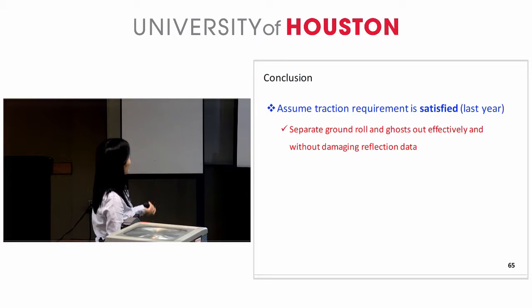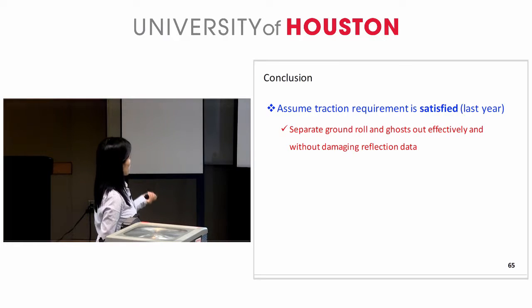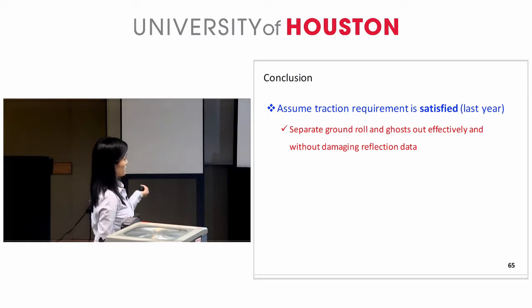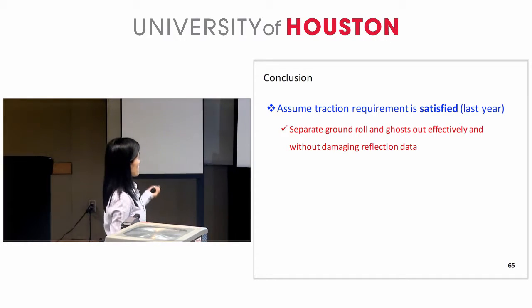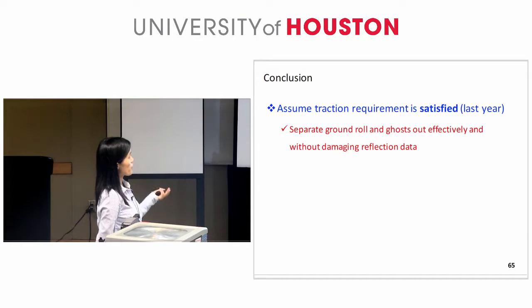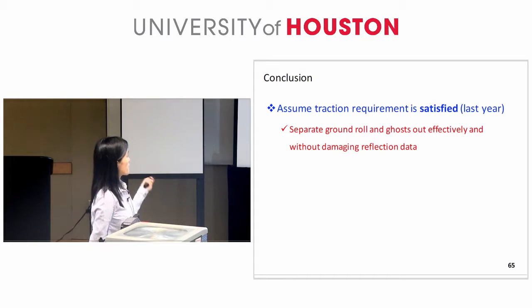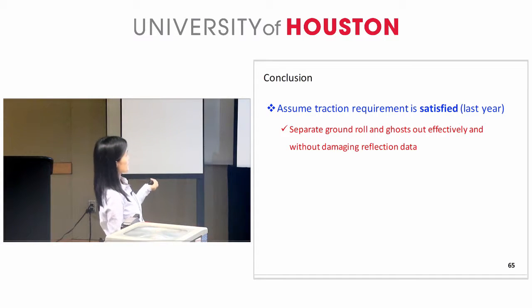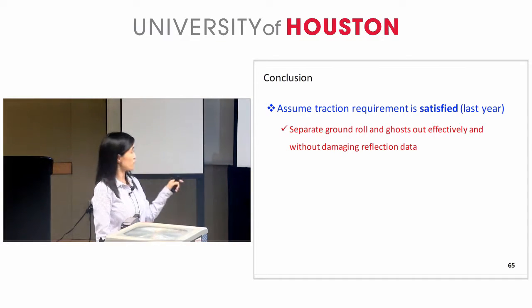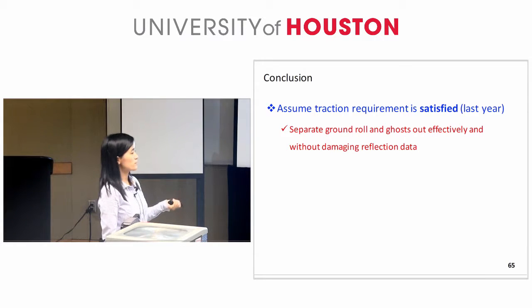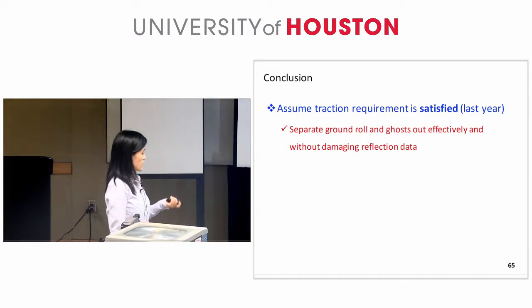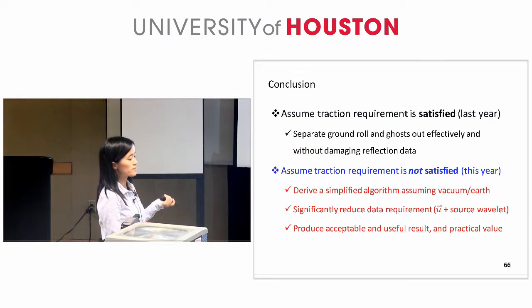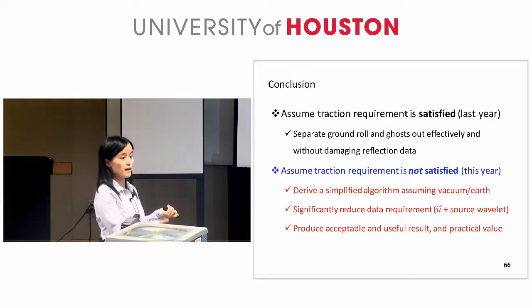Okay, so let's draw the conclusion. Here we have shown you what has been done before. Assuming the traction requirement is satisfied, the method is able to effectively separate the ground roll and the ghost from your reflection data, without damaging the reflection data. And we understand that the traction requirement is not easily satisfied everywhere.